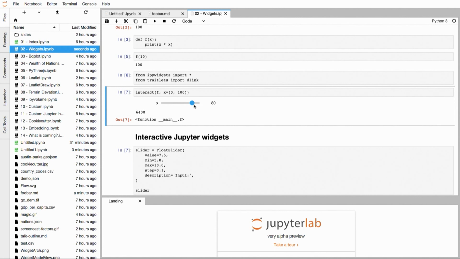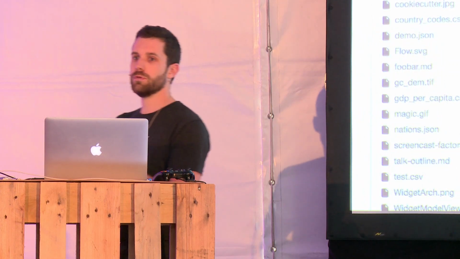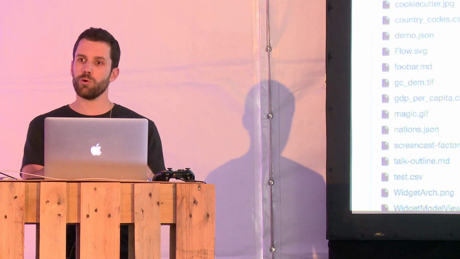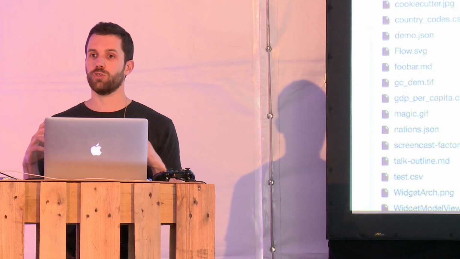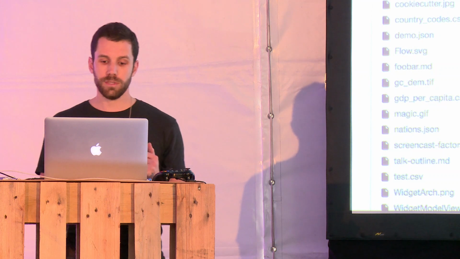So what's happening now when I type interact of f with x equal to 0 to 100 is that I'm using the introspection features of the Python programming language to explore what are the parameters of f, and interpret the tuple 0, 100 as an abbreviation for a slider from 0 to 100. And here's what I get.